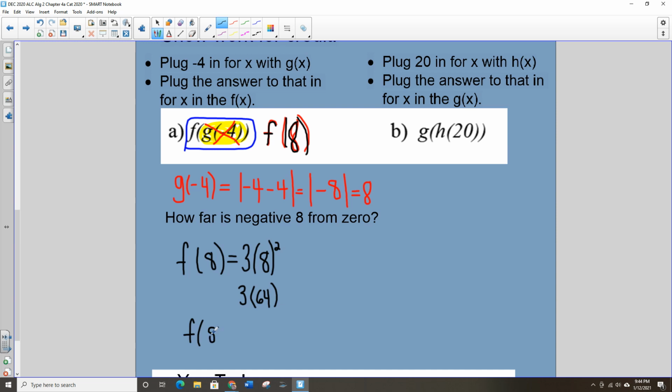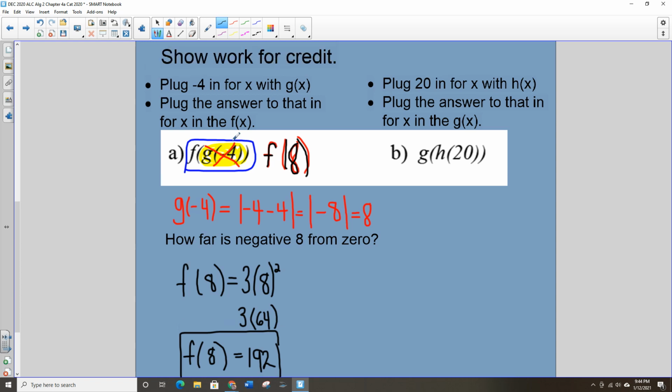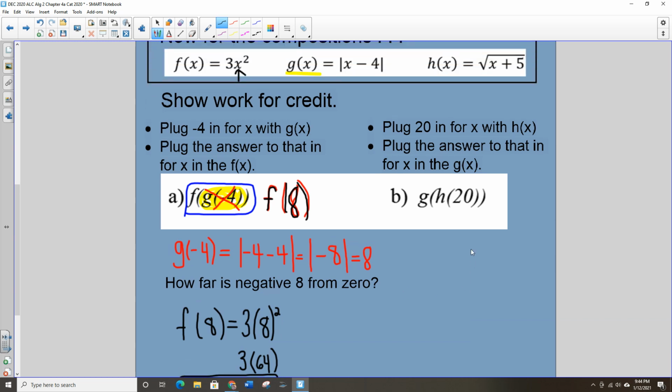What is 3 times 64? 192. So your answer for this first one is 192. And that's the answer to what if I plug negative 4 into g and then I plug that answer into f. All right, I got one more for you.